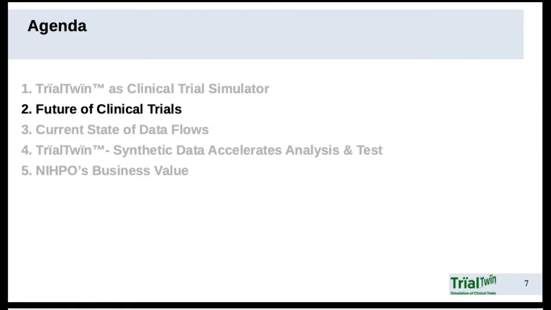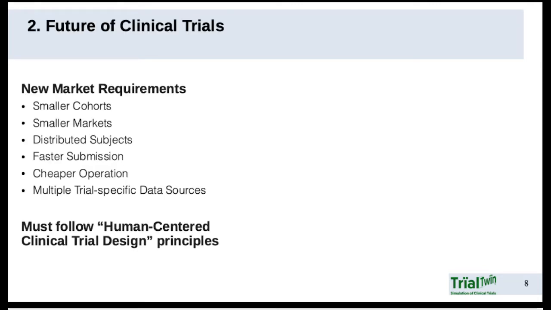So why do we do it this way? Here is our opinion of the future of clinical trials. Number one, we see a lot of new market requirements: smaller cohorts, smaller markets, distributed subjects, the whole concept of distributed clinical trials, and the need for faster submission.